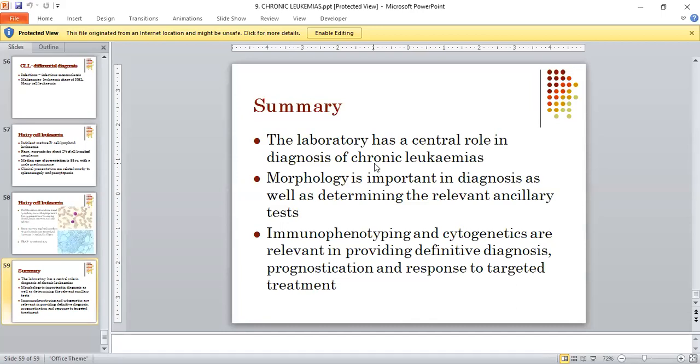So all these things are what's important to be able to differentiate one disease from the other. With that, we are done with the chronic leukemias.